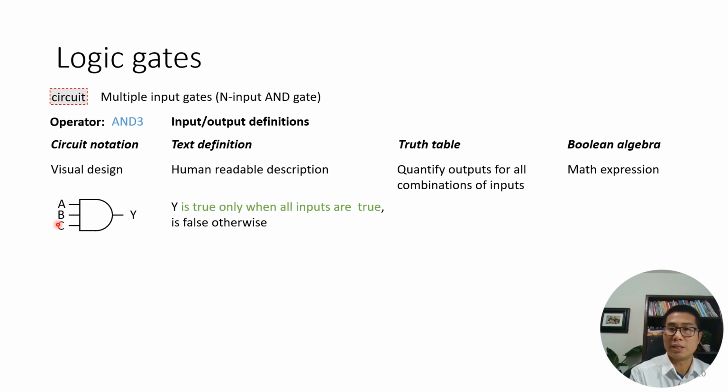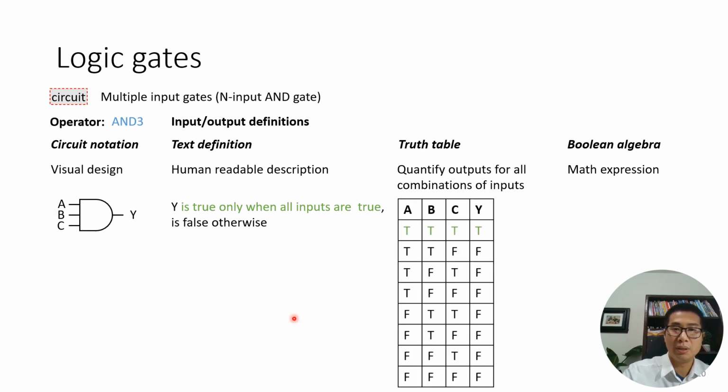Because we have 3 of them, the possible combinations of the inputs are 2 to the power 3, which is 8. However, it is true only for one case, which is when all the inputs are true. That is the truth table specification. Now we can write it as Y equals ABC, or sometimes A dot B dot C.